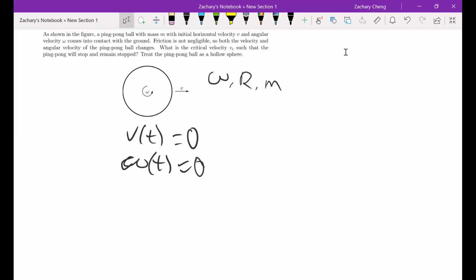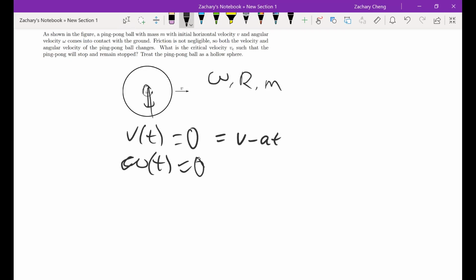We just know that V(t) is going to be equal to V minus At, where A is the acceleration. And this acceleration comes from the frictional force, of course, because if we look at it, there's gravity and there's a normal force, but those only go up and down, so they don't affect the velocity of the ball.